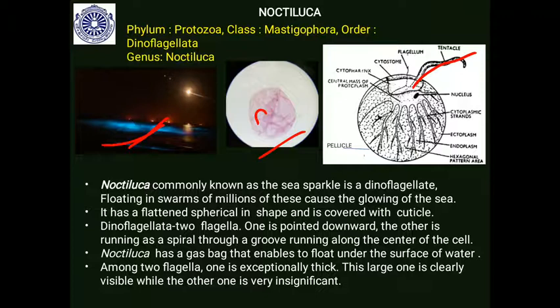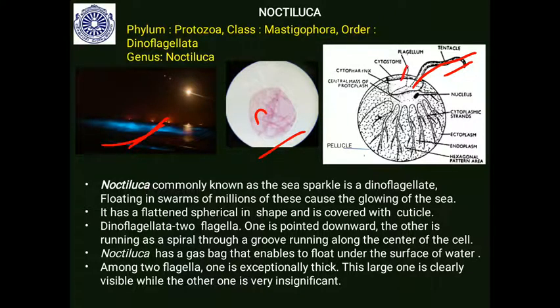It is a microscopic tiny protozoa. So they have gas filled vacuoles. That is why they are able to float just on the surface of the water. Of the two flagella, one is exceptionally thick, called a tentacle, large and visible. The other is very insignificant, very tiny.